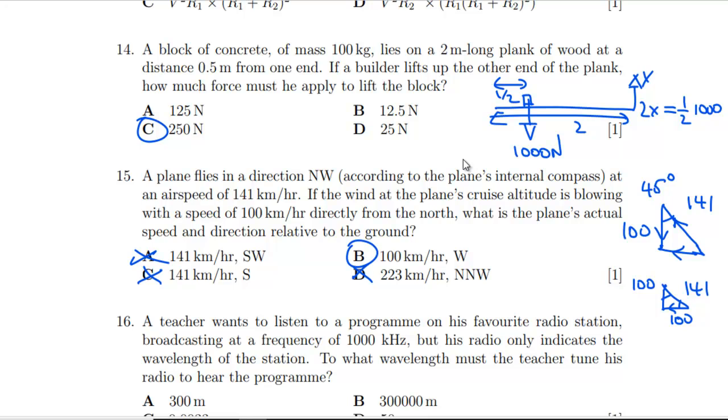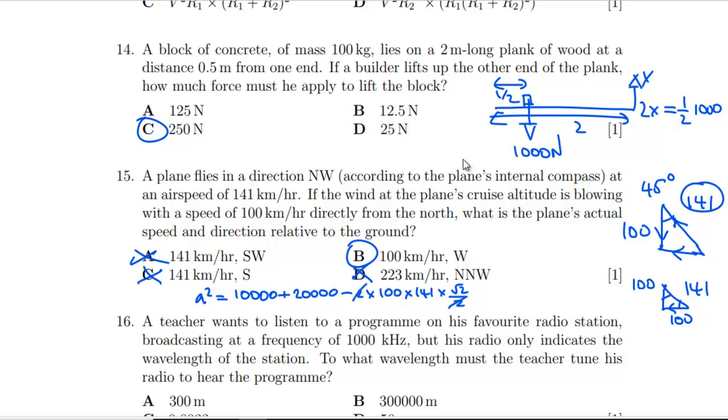Otherwise, if you weren't going to do that, it just made me suspicious because we can't use calculators. You're going for the cosine rule otherwise. So you'd be saying that our A squared would be 100 squared, so 10,000, plus B squared, which would be 20,000 because of the nice number they've given us, minus 2 times 100 times 141 times root 2 over 2.